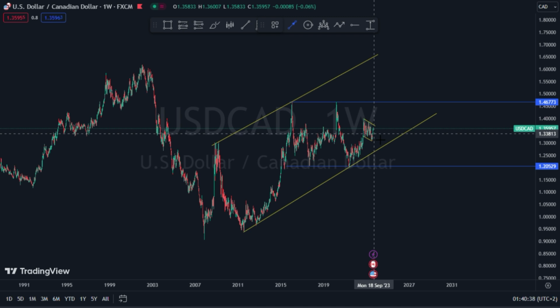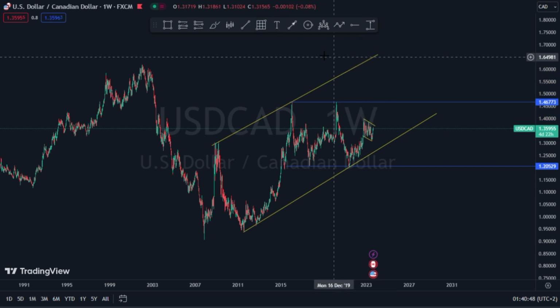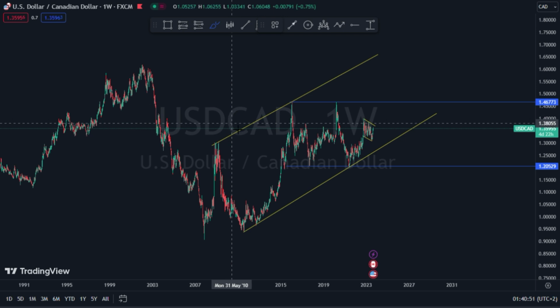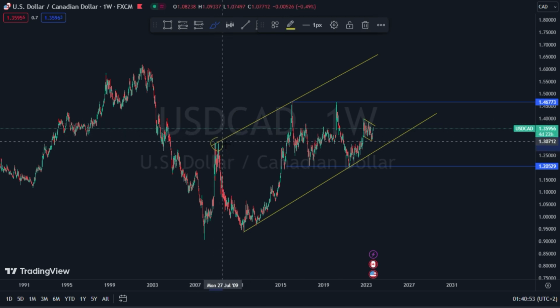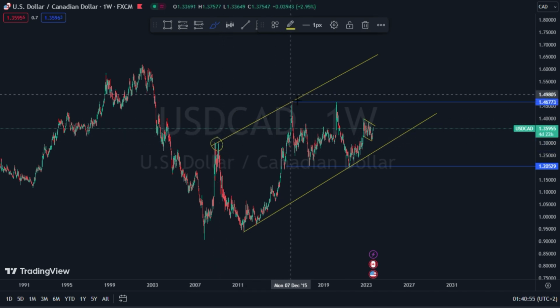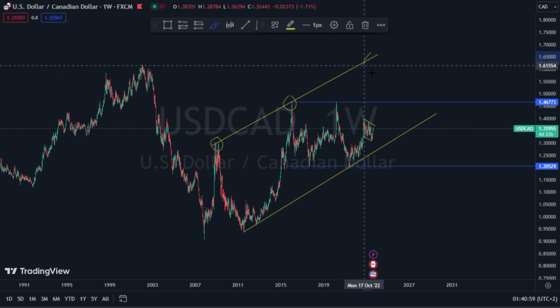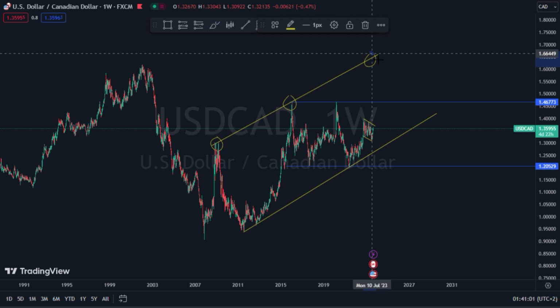And that reason is that the market should be pushing to the upside and then break above this level just to come to these levels to give us a third touch of that trend line, right? Because we already have our first touch right here, and then we have our second touch right here, and then we expect our third touch somewhere around this area right here.